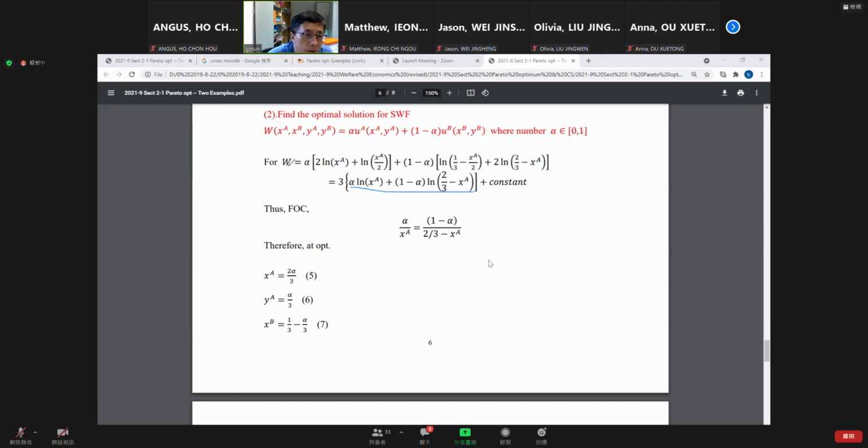To maximize W is to maximize the value for this term. This term, the first order condition about XA is alpha over XA minus 1 minus alpha over this term. Why minus? Because here is a minus, equals 0.